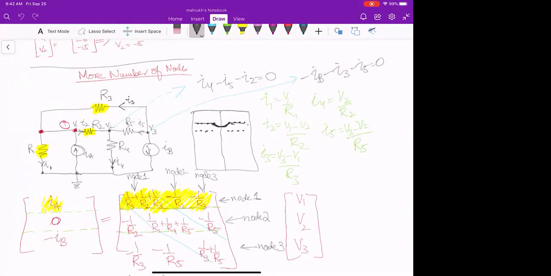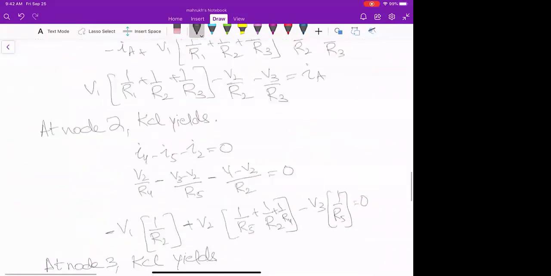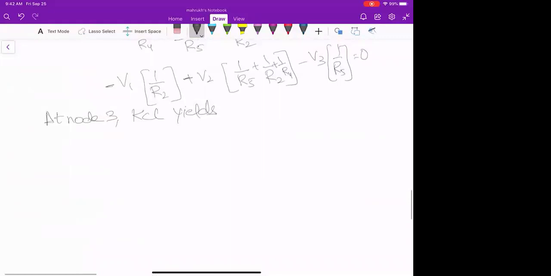I normally take it as positive. If I take leaving currents as positive, it doesn't matter because eventually the equation equals 0, and if you follow a constant sign convention, you will end up with the right sign.